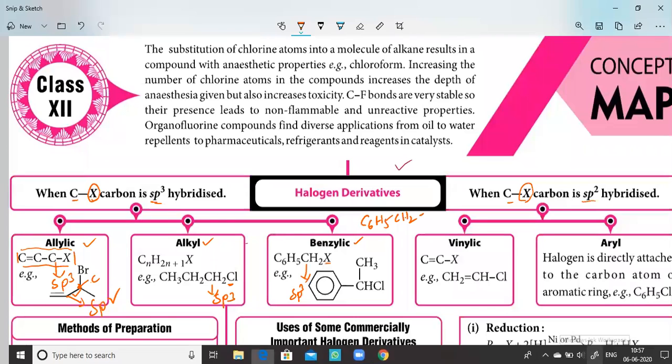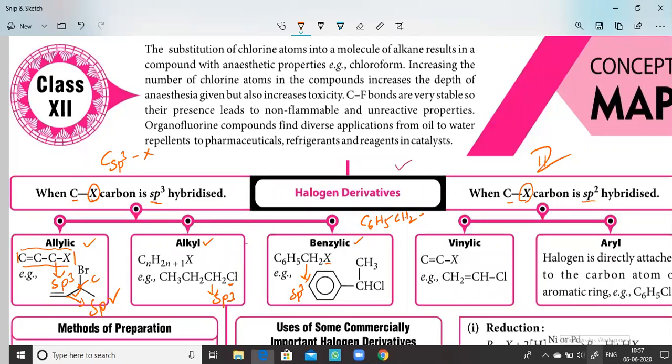So this is the classification under the sp3 hybridized carbon and halogen bond. Under the sp3 hybridized carbon and halogen bond, these halogen compounds are divided into three types: allylic, alkyl, and benzylic.